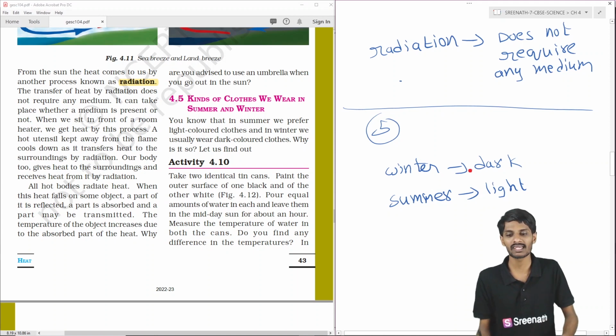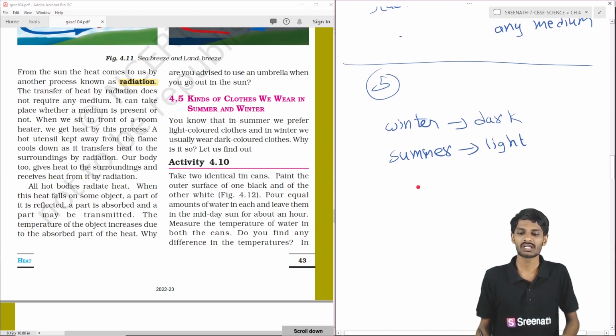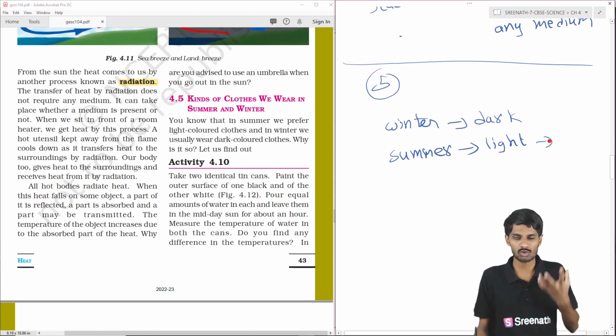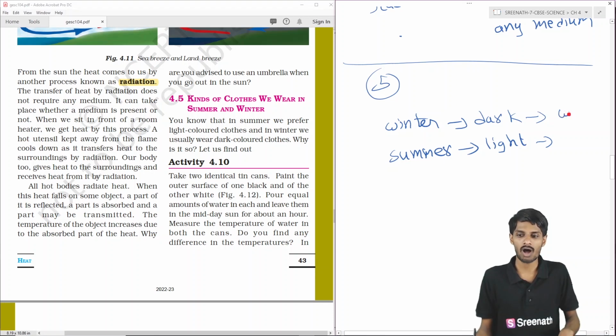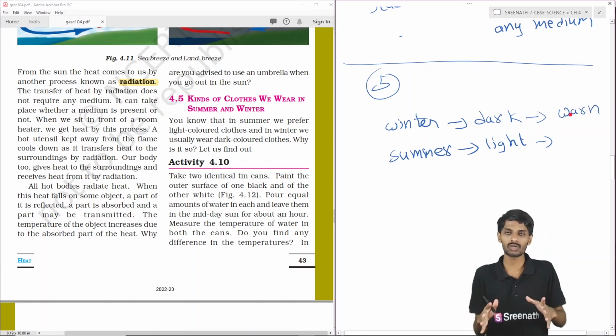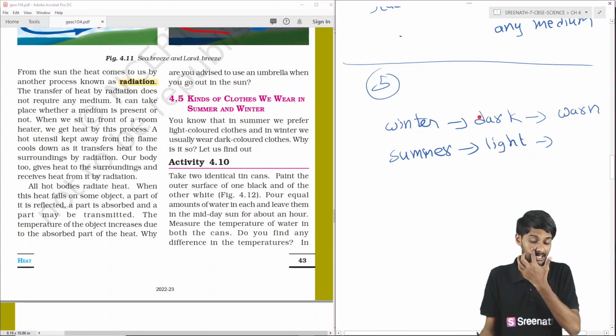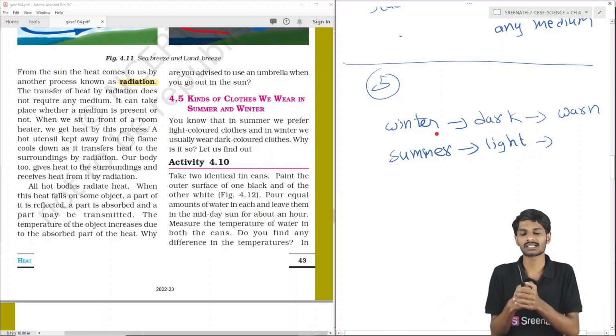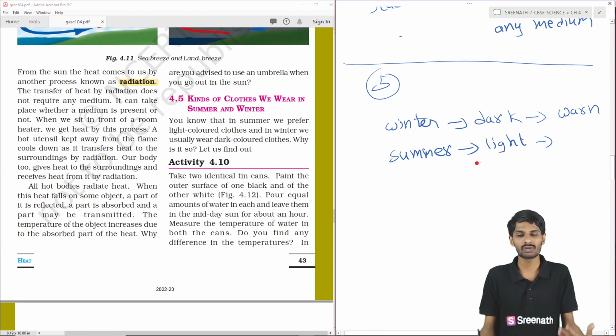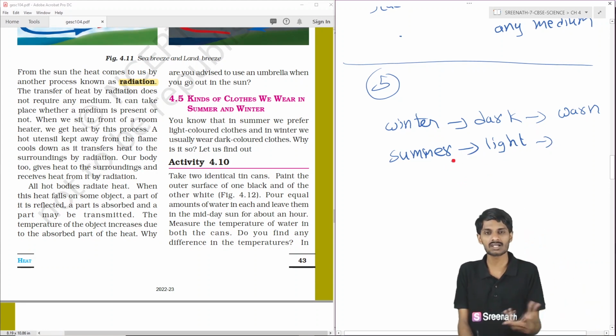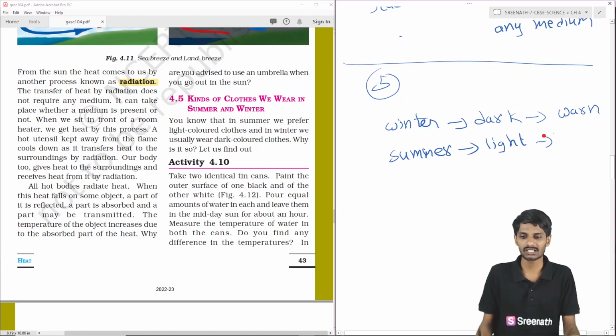If you wear dark colored clothes in the summer, you will sweat more and feel more hot. But when you wear dark colored clothes in the winter, you will feel warm. The surroundings are cool, but whenever you wear dark clothes, you will feel somewhat warm. And when you wear light colored clothes in the summer, the surroundings are hot, but you will feel some coolness.